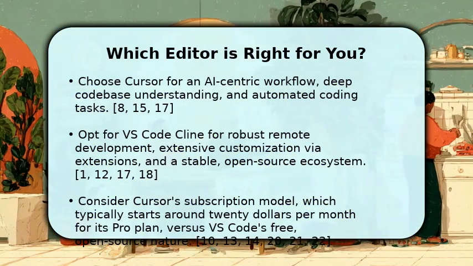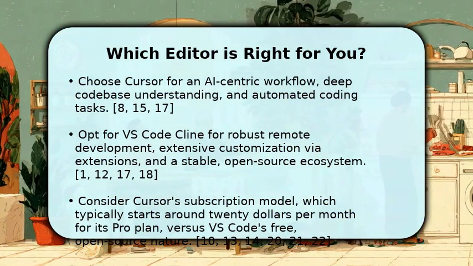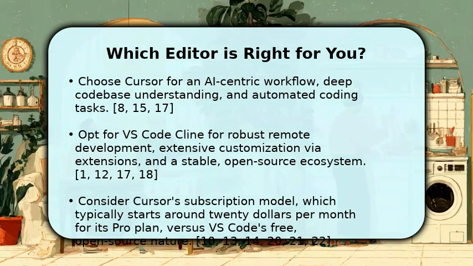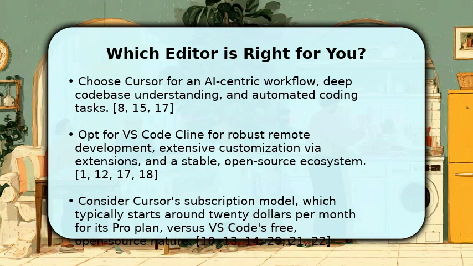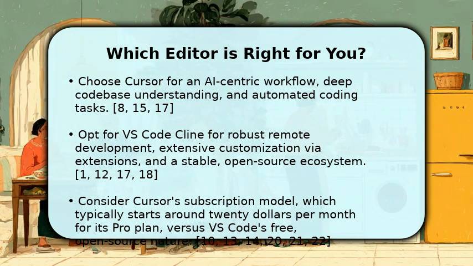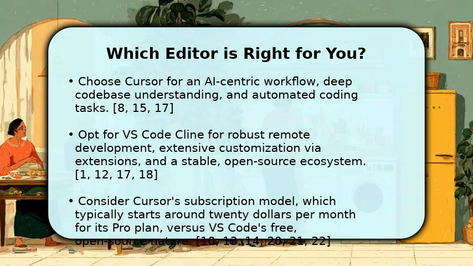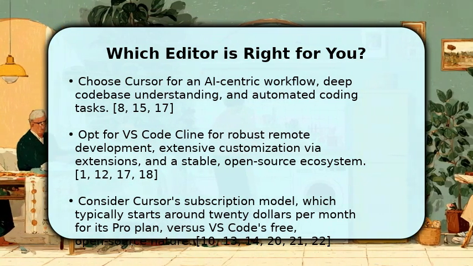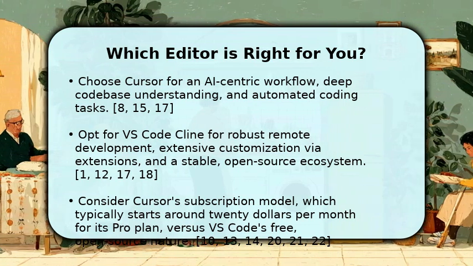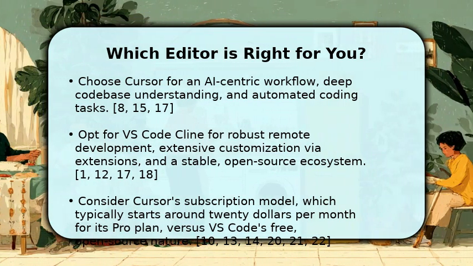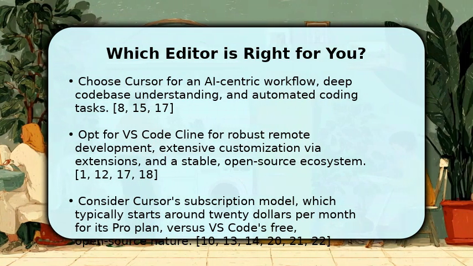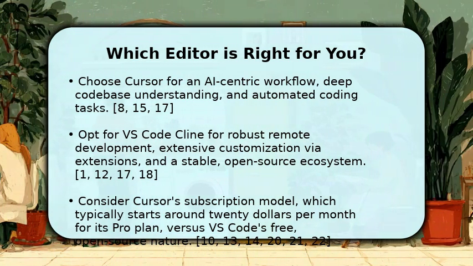Deciding between Cursor and VS Code Cline depends on your priorities. If you're seeking an editor where artificial intelligence is deeply integrated, offering advanced code generation, debugging, and codebase understanding, Cursor is an excellent choice. However, if your workflow demands robust remote development capabilities, a vast, free extension ecosystem, and a highly customizable environment, Visual Studio Code with its remote features is ideal.